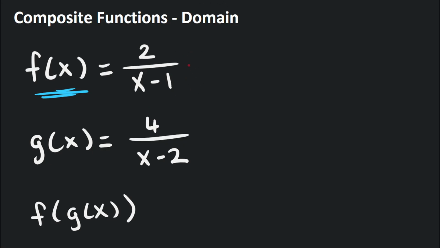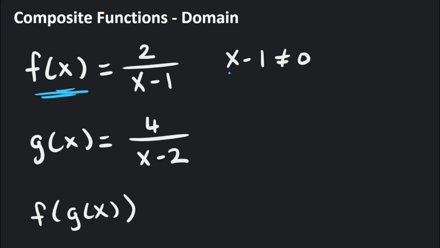Because if this fraction becomes 2 divided by 0, then that's a really big problem because we can't divide by 0 in mathematics. So as long as the denominator right here, x minus 1, is not 0, x can be any other number.